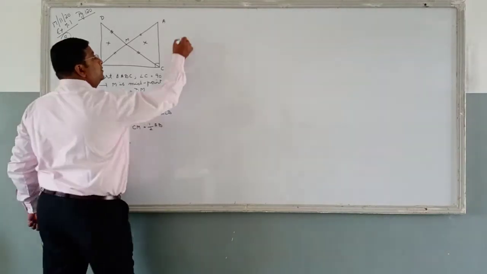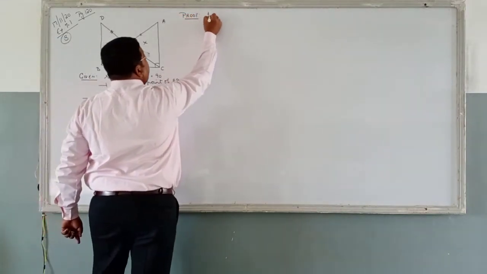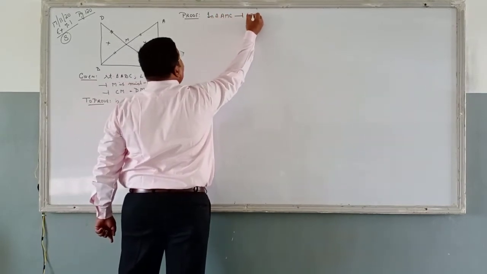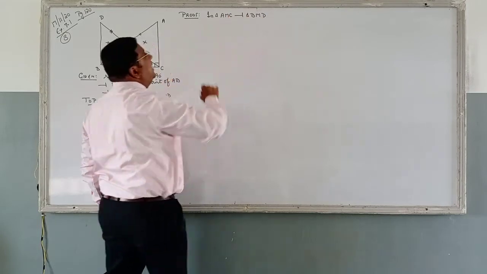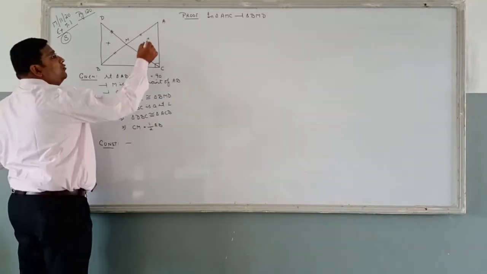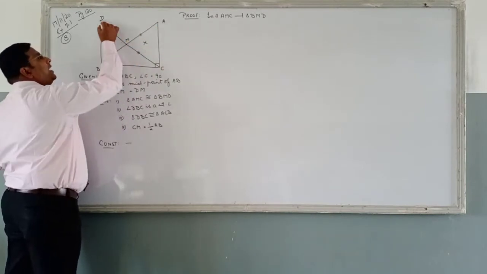Let us see. Proof. In triangle AMC and triangle BMD, let us see what are the things we find equal. You have to observe AMC and BMD.